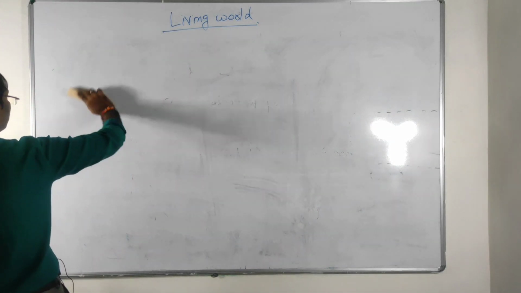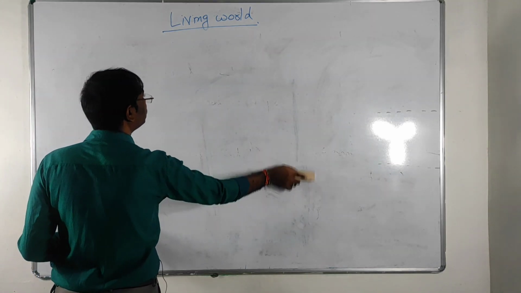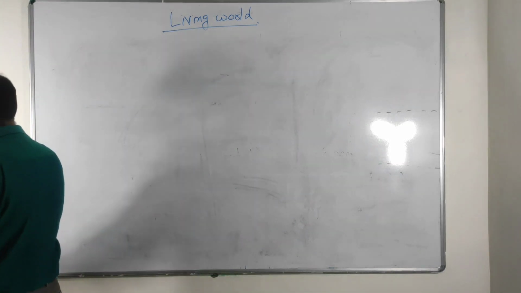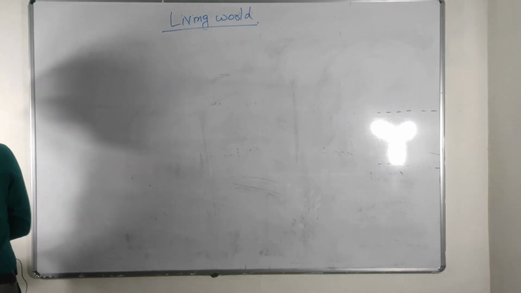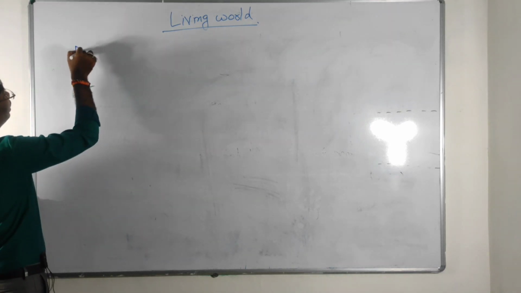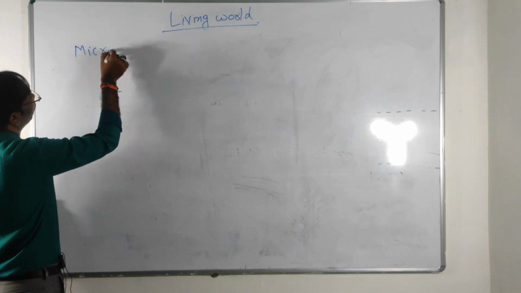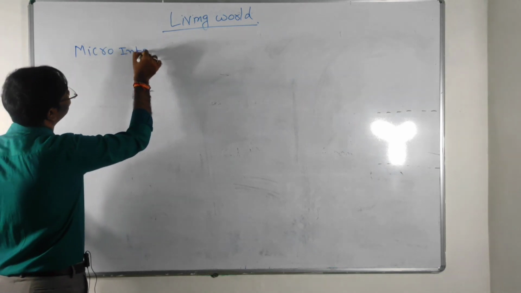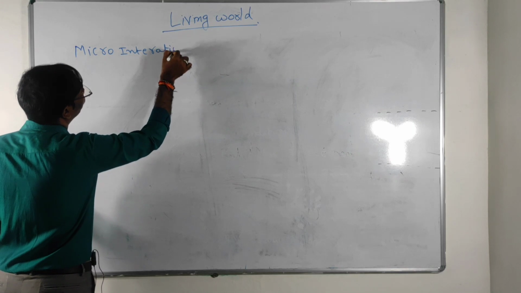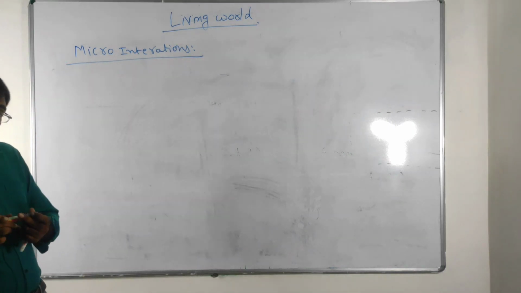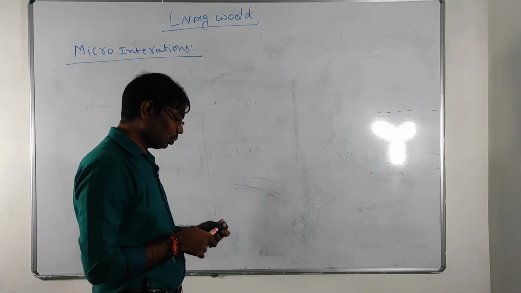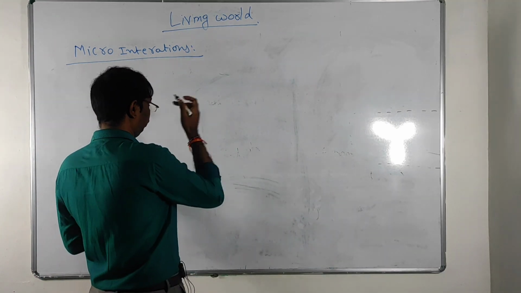But not only organisms, some kinds of interactions are present at cellular levels also. That kind of interaction is called molecular or micro interactions. So what is the meaning of micro interactions? Micro interactions means interactions at the cellular level.